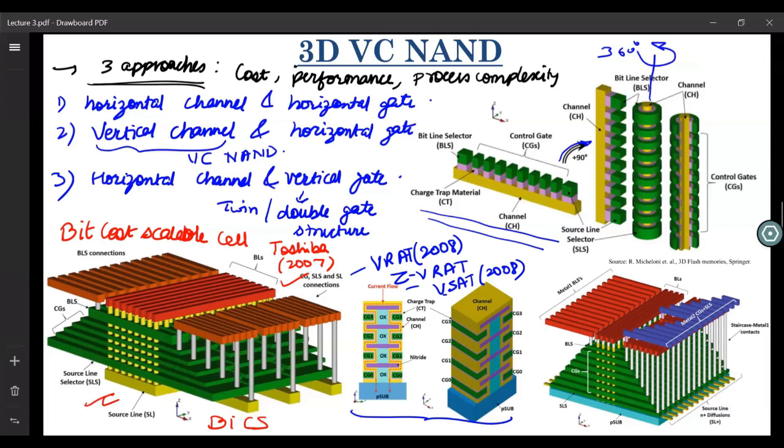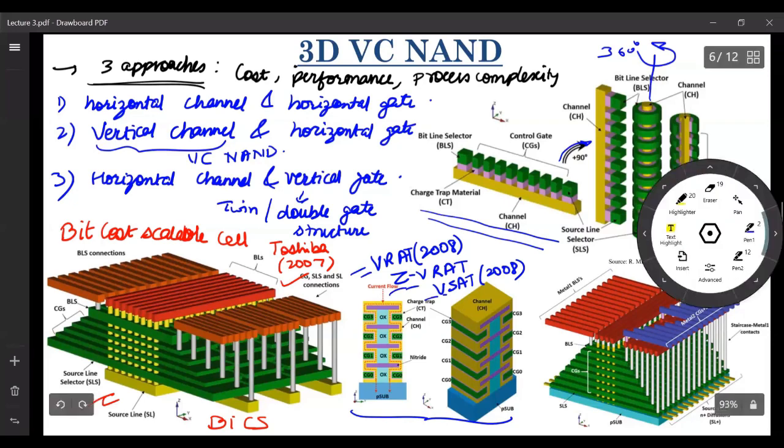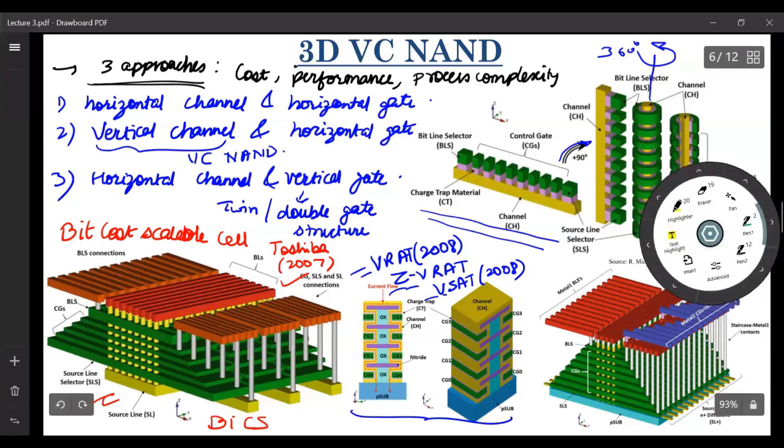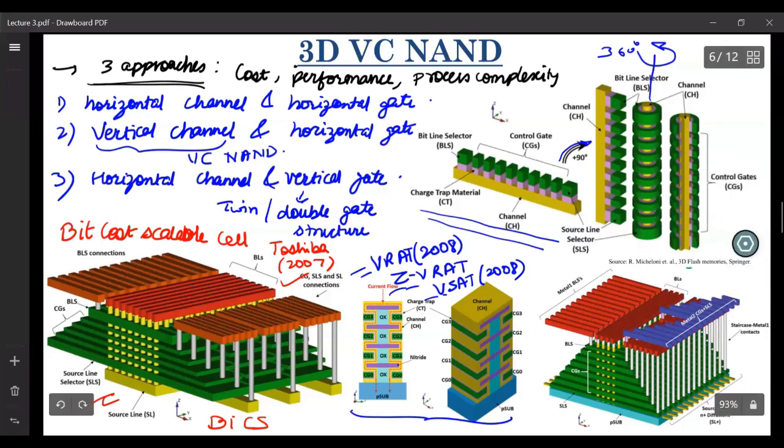So I would like you to know about VRAT, ZVRAT, and VSAT, and that I would give in an assignment. Because if you know about Samsung's journey from VRAT to ZVRAT, to VSAT, and then to TCAT, which is shown here, this is TCAT, which Samsung came up with in 2009.